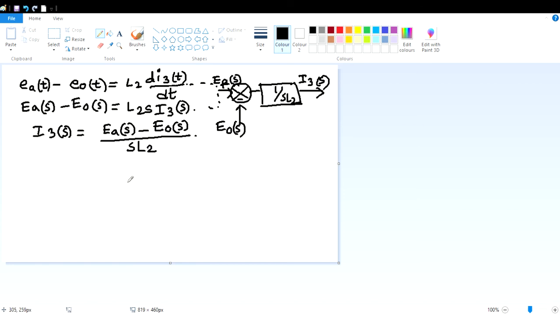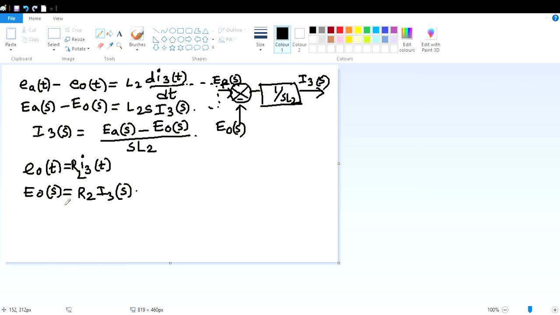So we have come up to the fourth equation. The last equation, on the last branch, was the relation between E0 and I3, and it was E0(t) is equal to I3(t) into R2. If I take the Laplace transform of this equation, we will get E0(s) equals R2 I3(s).